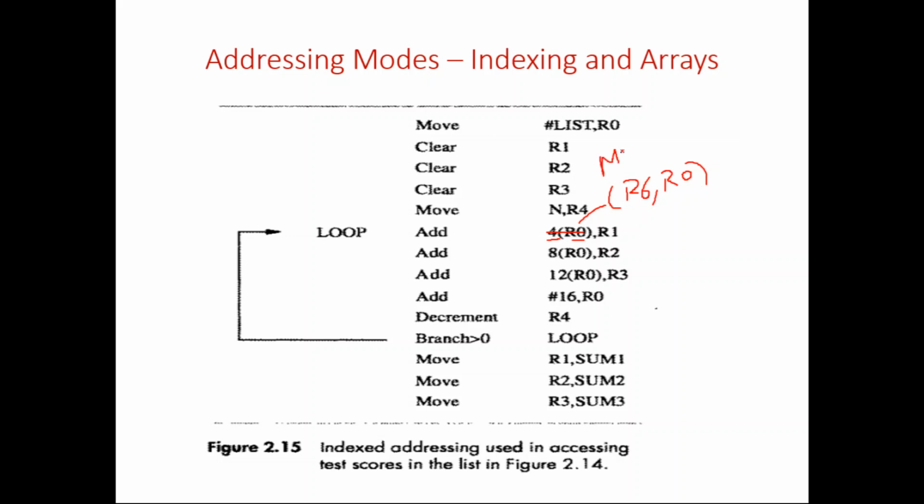Let us assume previously we moved 4 to R6: move R6 comma 4, immediate value 4. Now R6 will be added with R0. R0 is 1000, 1000 plus 4 is 1004. So the value at 1004 will be moved to R1.